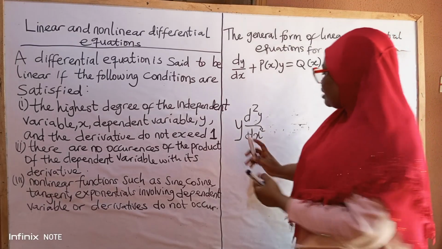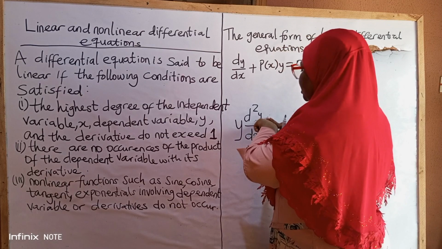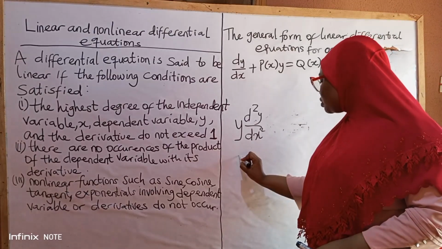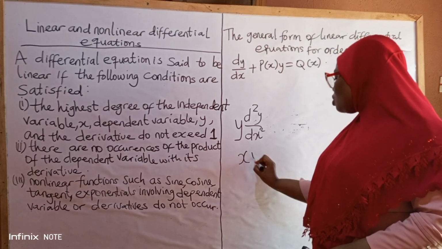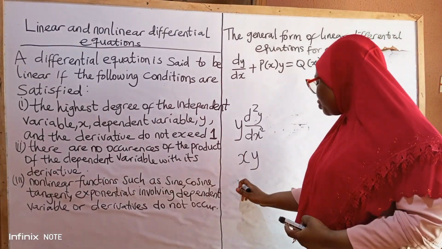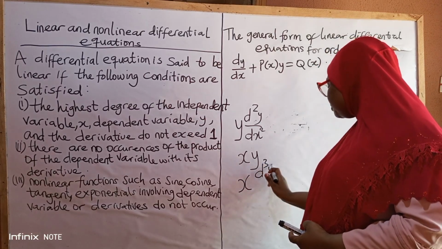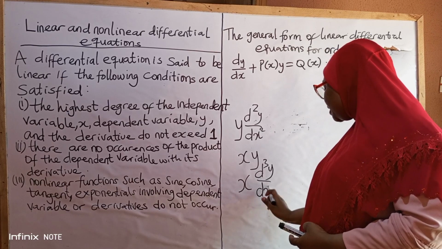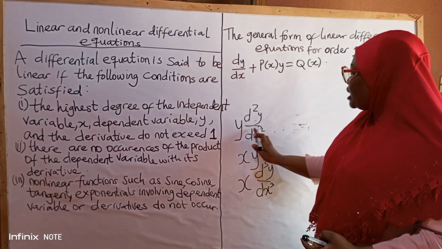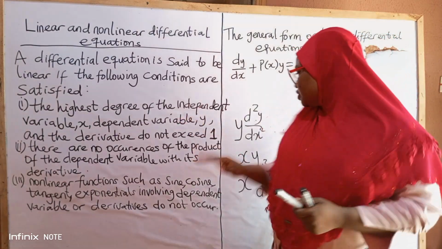But you can have the product of independent with the dependent. You can have the product of independent with the derivative. So that one can happen. But the dependent multiplied by its derivative cannot happen in a linear differential equation.